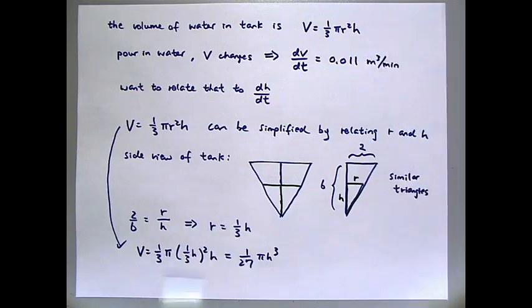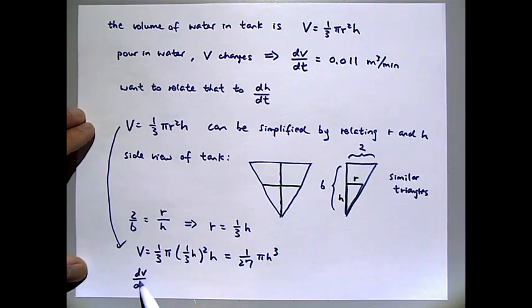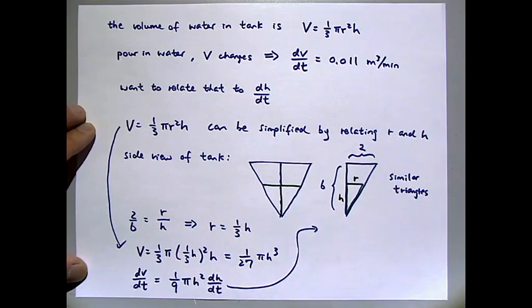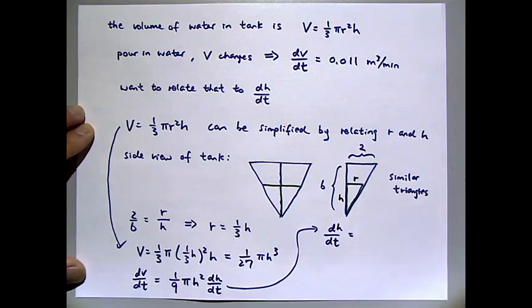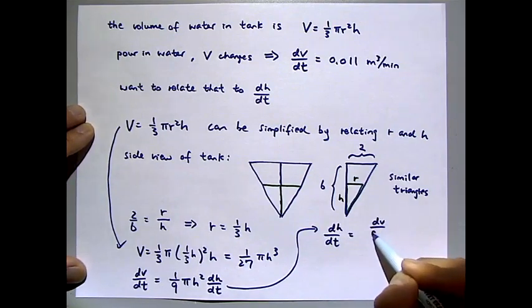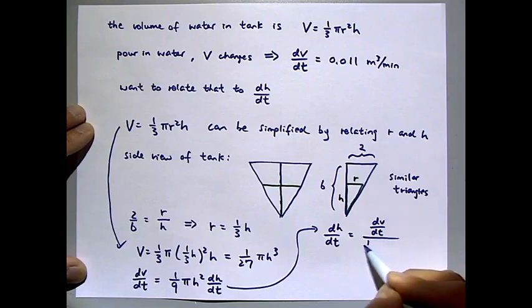I know how V is related to H, right? So, take the derivative, and solve for dH/dt. Going kind of quick here, but this is the pretty easy part.